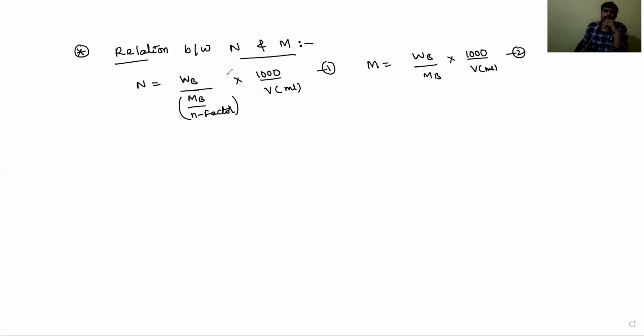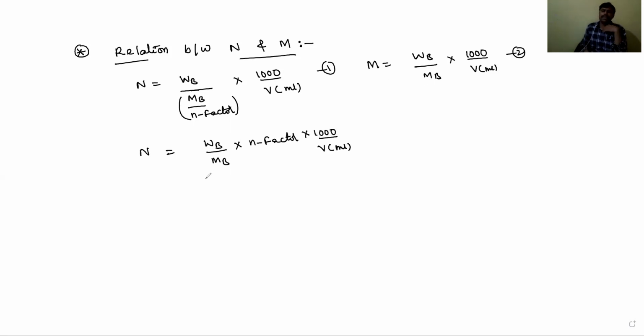Now the n factor goes to the numerator. Then normality is equal to weight of solute divided by gram molecular weight of solute, into n factor, into 1000 divided by volume in ml.